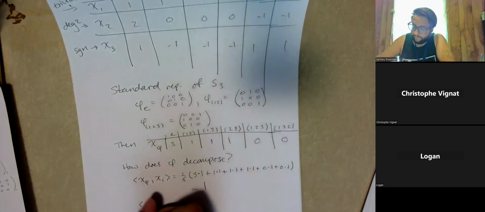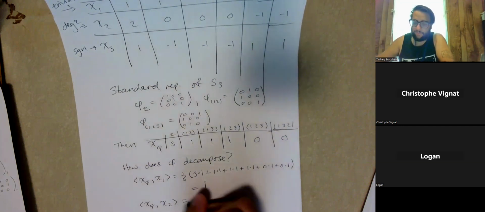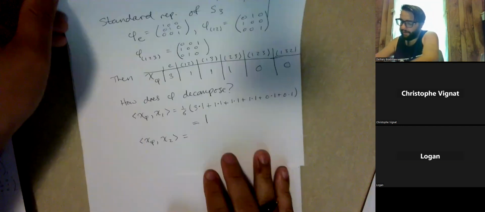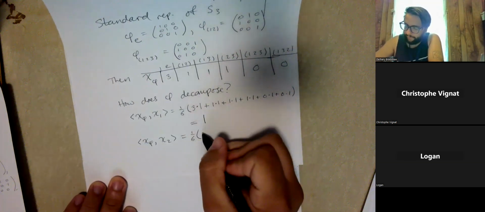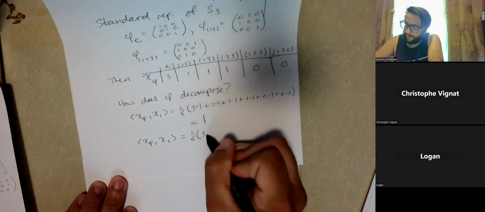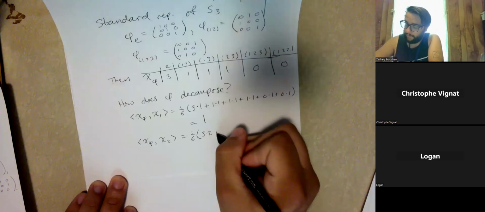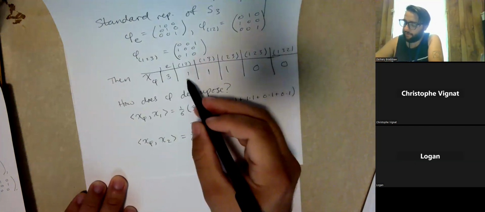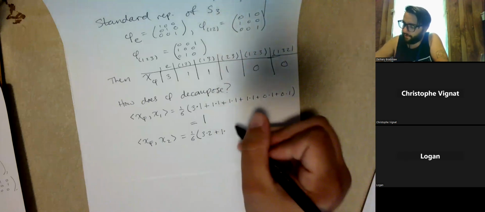Now, chi-phi with chi2, what you'll find, so again, this would be 1/6. Chi-phi of the identity is 3. Chi2 of the identity is 2. Plus chi-phi of (1 2) is 1. Chi2 of (1 2) is 0.